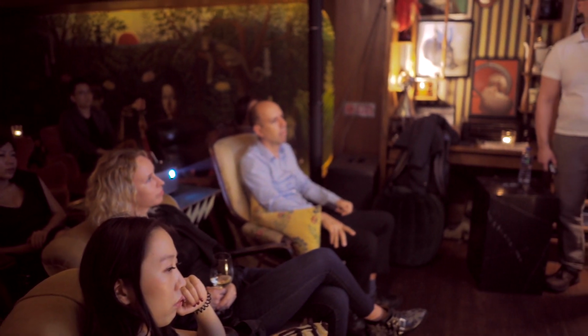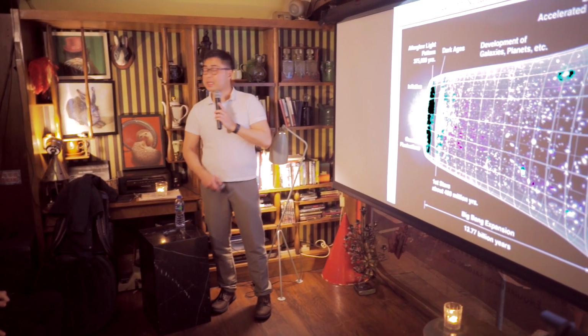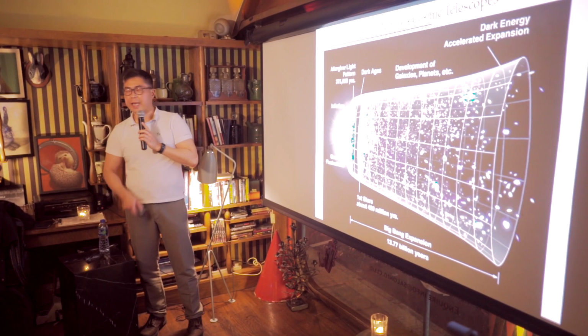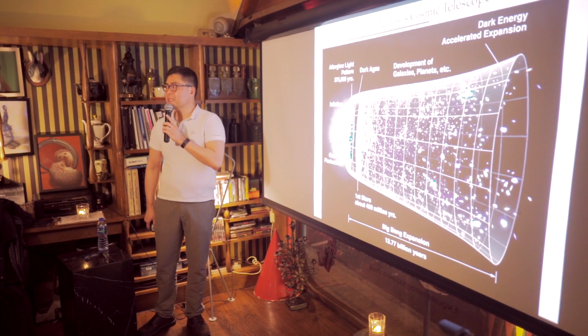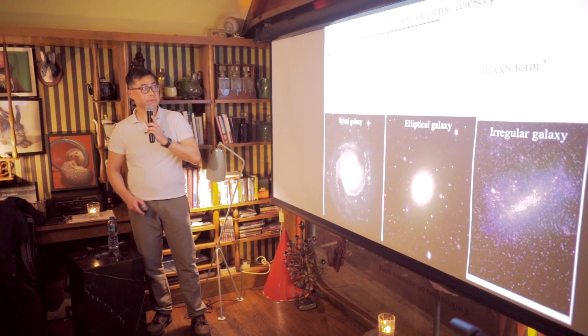Now, some of the big questions in astronomy, and I'm going to address a couple of these in my talk. Astronomers like to know when galaxies first form. This is a nice picture, but we don't really know exactly when galaxies form. Our best guess is a few 100 million years after the beginning of the universe, but it's still just a best guess at this stage.